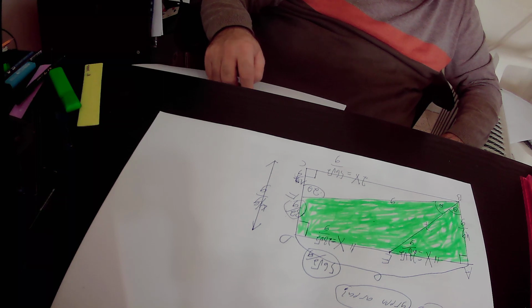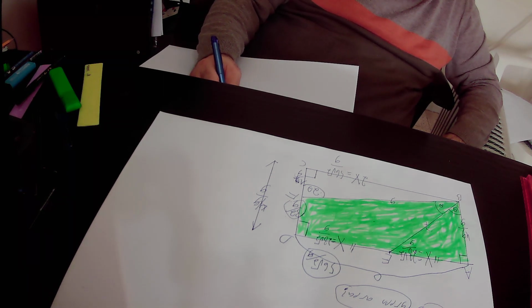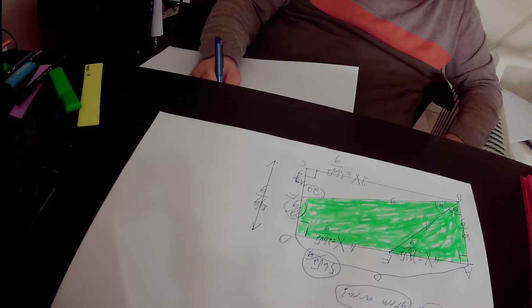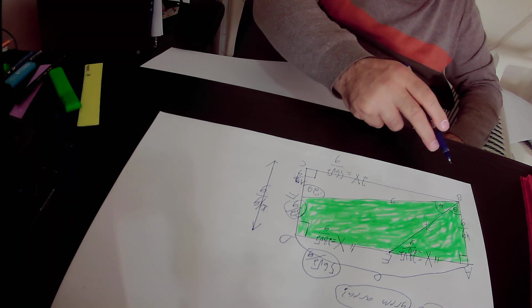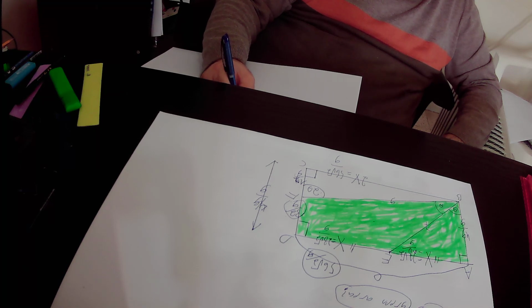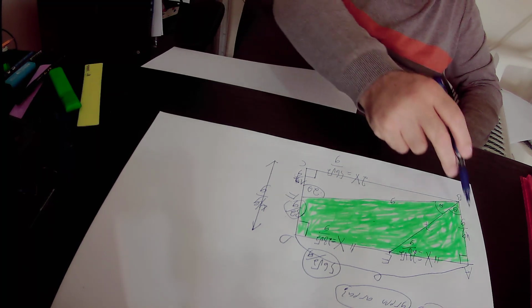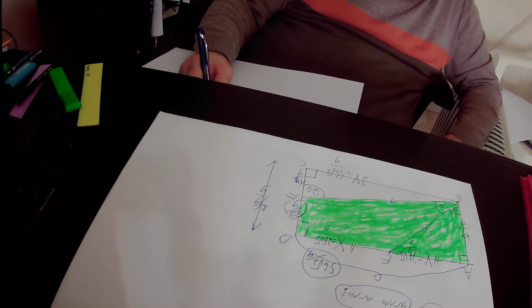We know that the area of any trapeze, and especially trapeze ABDF, equals the sum of its bases, that is to say AB plus DF, times the height, which is AD, over 2.